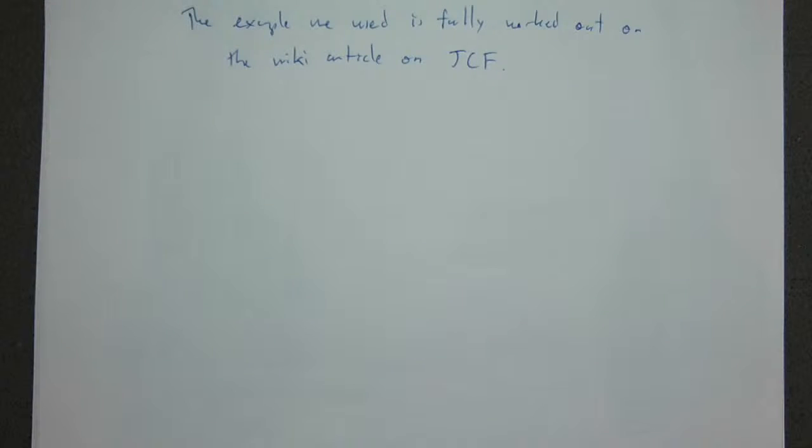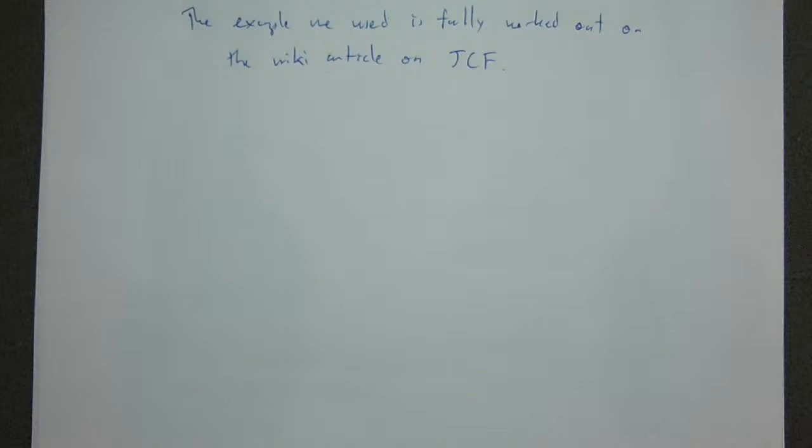It also introduces the notation of thinking of it as a direct sum, which I'm not going to get into, but it's fairly straightforward. So that is the Jordan canonical form.